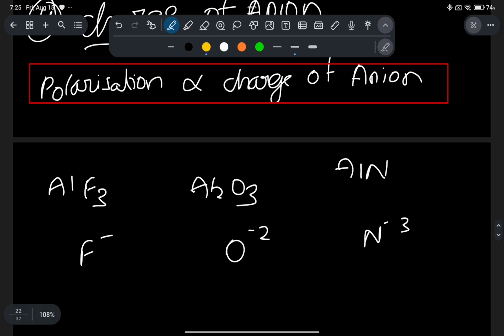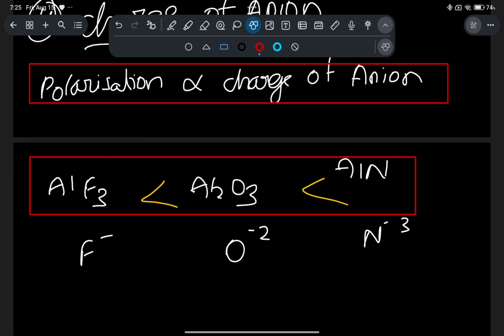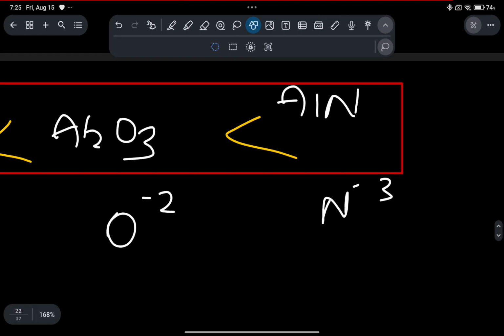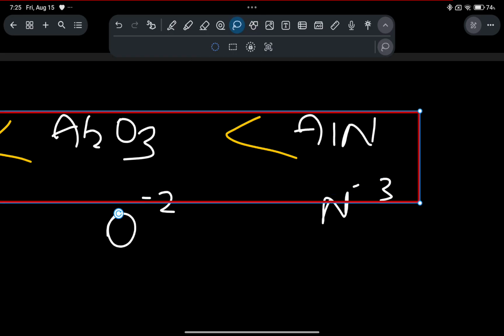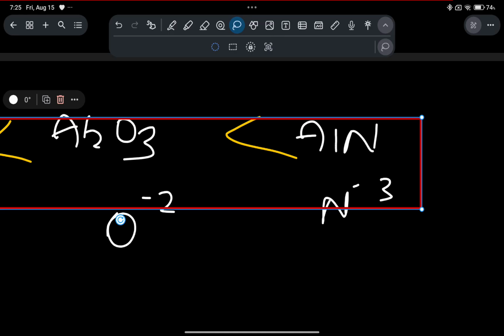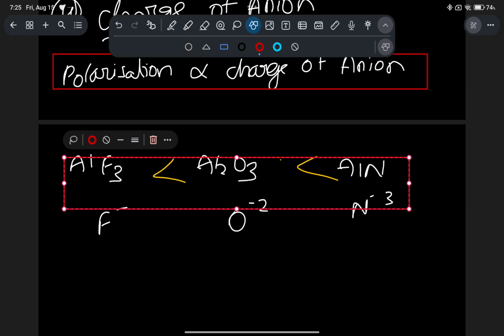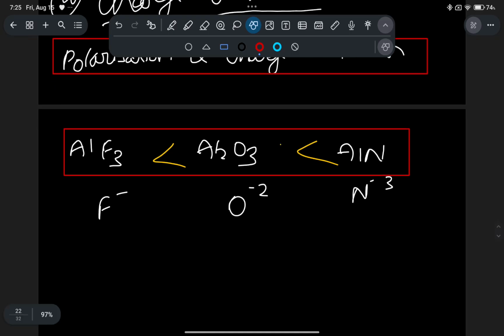I wrote this before, so one minute, I will correct it. Just wait, I'm correcting that one. Okay, now done.